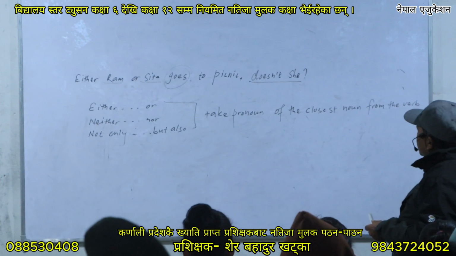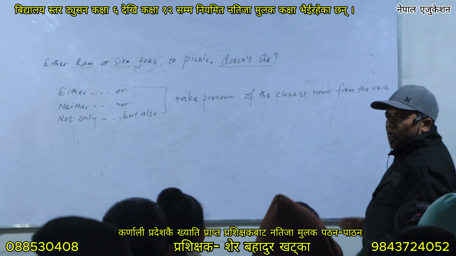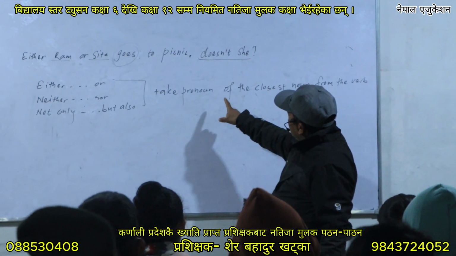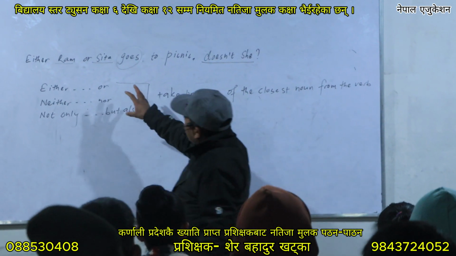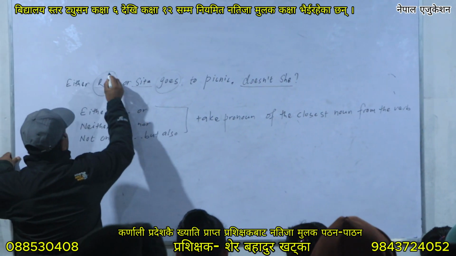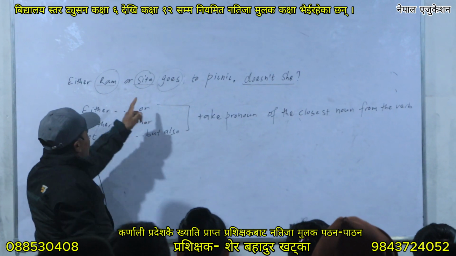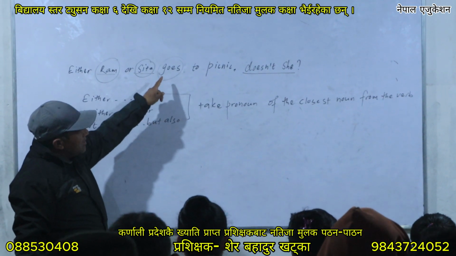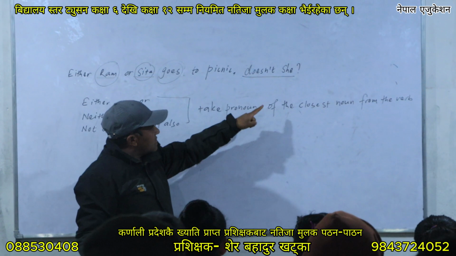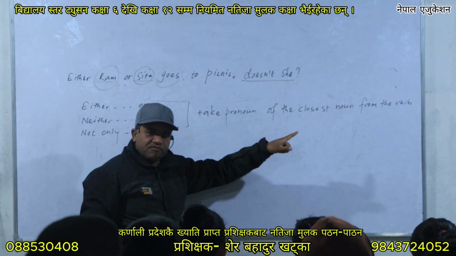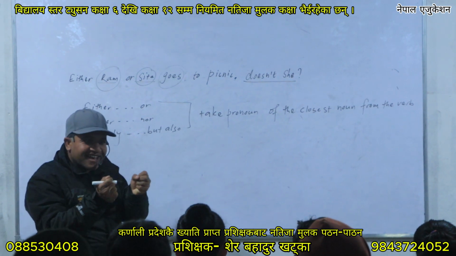That's it. There are two nouns, Ram and what? Sita. What is close to the verb? Take the pronoun of the closest noun from the verb. Closest noun, close, near.